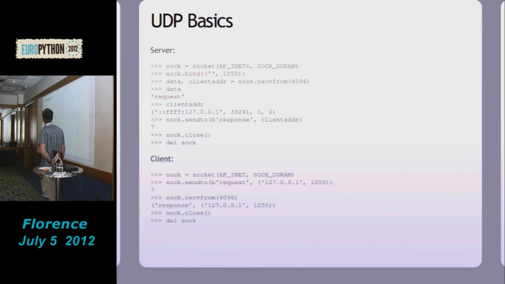A short note on the port number. 1055 is just randomly chosen. Ports up to 1024 are reserved for the system, so on Unix systems you'll need to be root in order to be able to listen on those sockets.